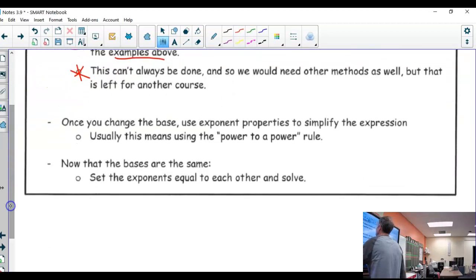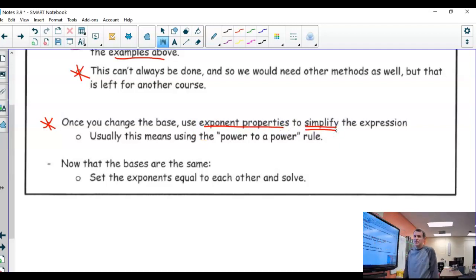All right. Once you change the base, then you'll see you're going to use exponent properties to simplify the expression. And the property you will use basically every time is the power to a power. That's when you have like 2 to the 2nd, to the 3rd, and that is actually 2 to the 6th, right?